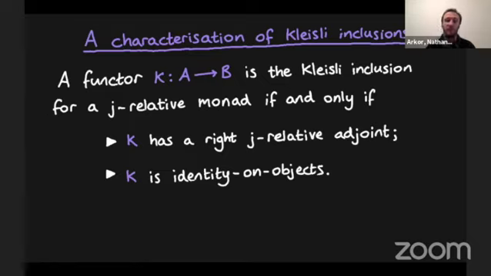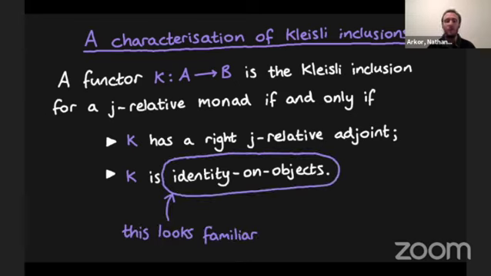A functor K from A to B is a Kleisli inclusion for a J-relative monad if and only if it has a right J-relative adjoint and it's the identity on objects. And in particular, this second point should look familiar, because being an identity on objects functor is one of the properties of an algebraic theory. The other property is a colimit preservation property, and we're going to see how that fits in just a moment.